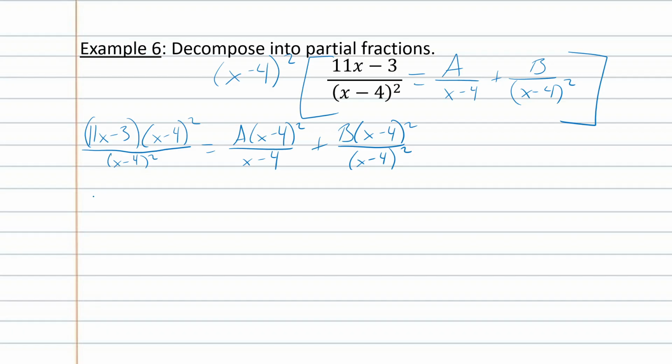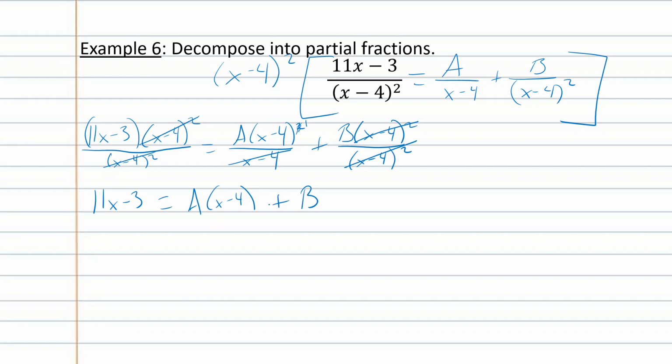If we simplify that, it simplifies down into 11x minus 3 because this cancels. And it simplifies down here to A times x minus 4 because this x minus 4 cancels one of these. And then the x minus 4 squared here cancels completely out, and I'm just left with a B.